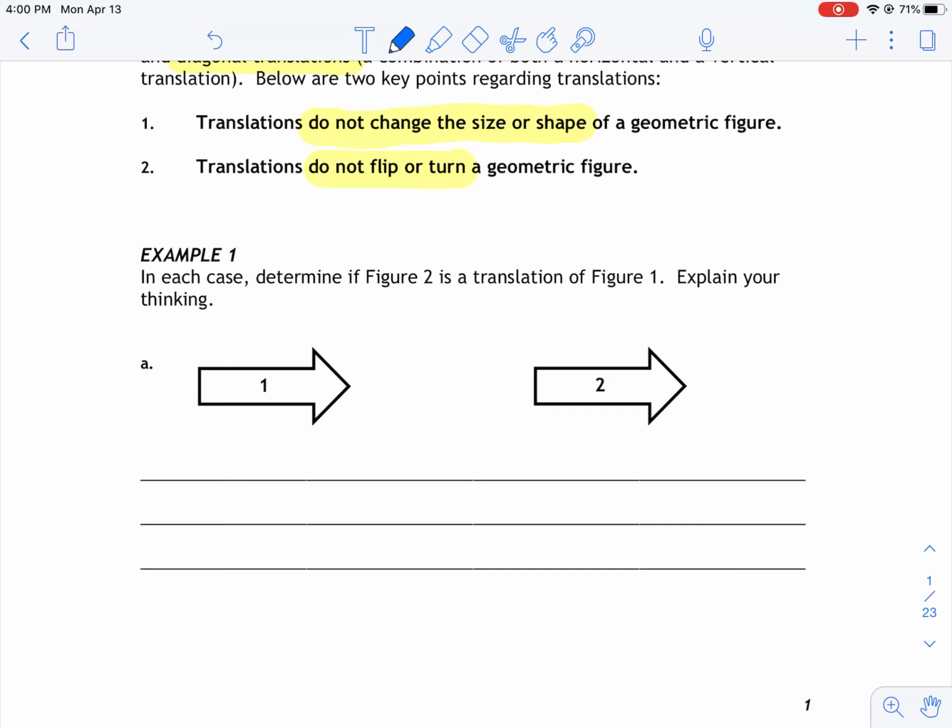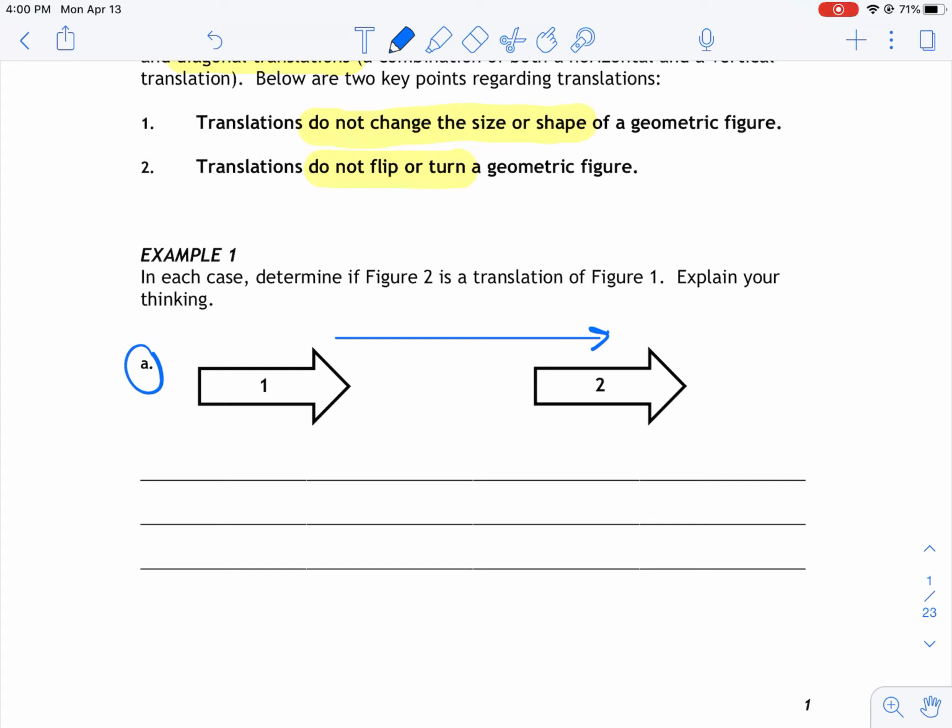Okay. So, example 1, we're going to determine if figure 2 is a translation of figure 1. So figure 1 is the pre-image, and we're going to see if figure 2 is a translation of figure 1. So if you look at example A here, for the first problem, you'll see that figure 2 is to the right of figure 1.